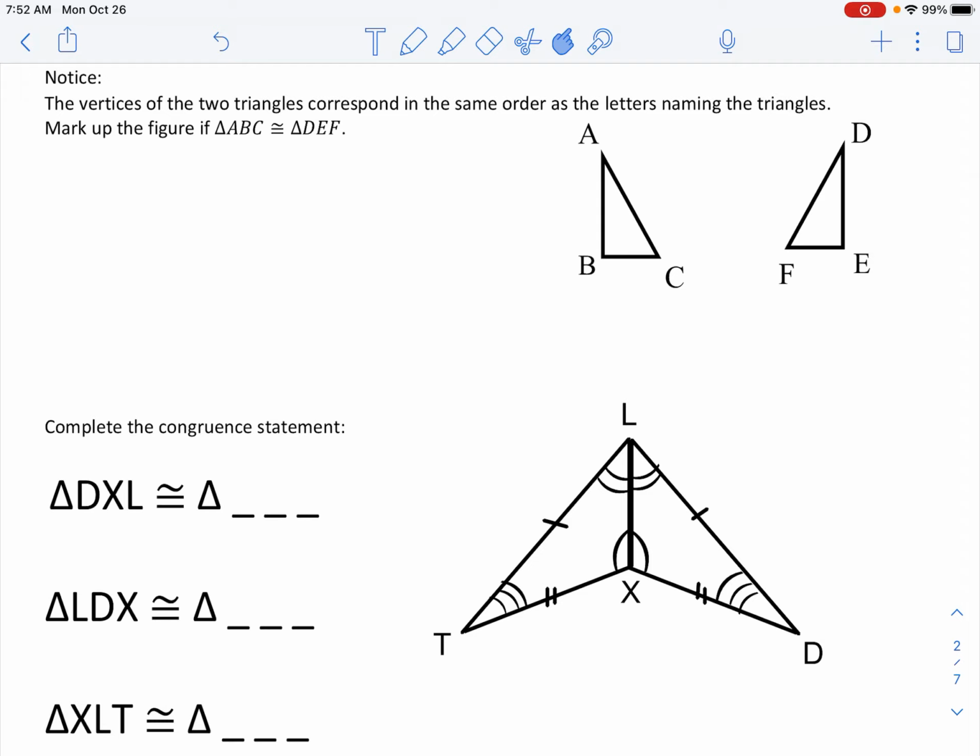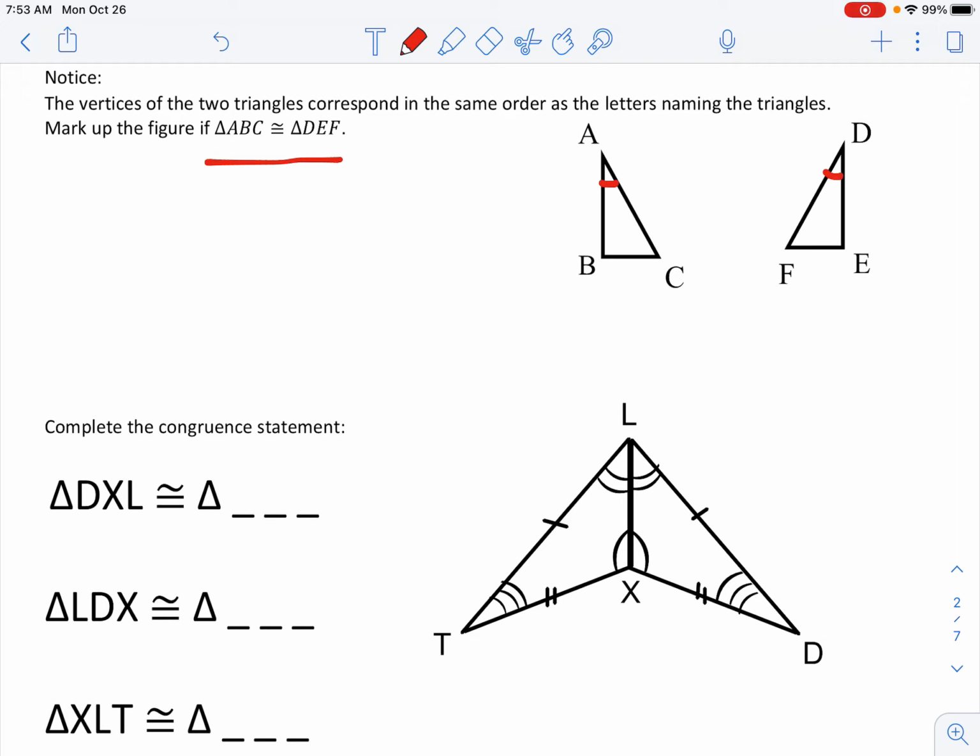All right, let's look at our next picture. Notice we have the following congruent triangles, so they give us a congruence statement. We can mark everything that goes together. The first letter in the triangle is A, so angle A gets 1 curl, and D gets 1 curl.